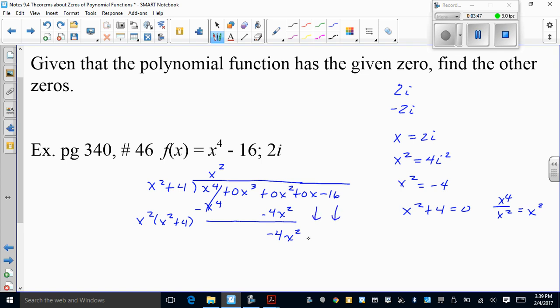Plus 0x minus 16. Okay, again, leading term, negative 4x squared divided by x squared is just negative 4. So minus 4. So negative 4 times x squared plus 4 gives me negative 4x squared minus 16. Subtract, those cancel, subtract, and those cancel, and you get a remainder of 0.